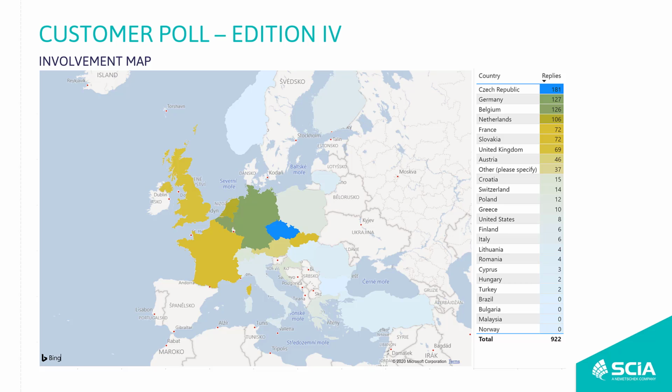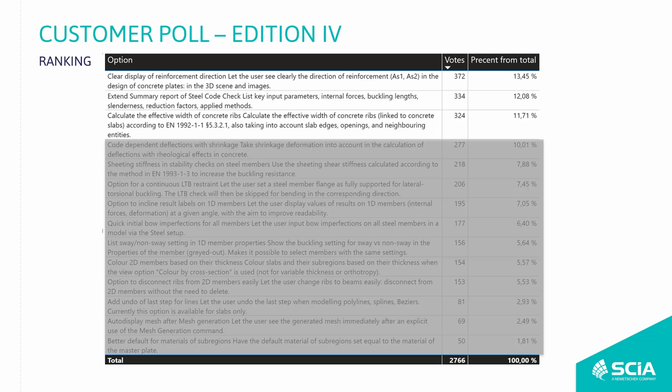As you can see here on the map of the involvement, almost all the countries in Europe where we are active have been voting on the items, and in total we got 922 participants who voted for ideas in the poll. Thank you for that, and I'm really glad to see your involvement, which helps us to form our product.